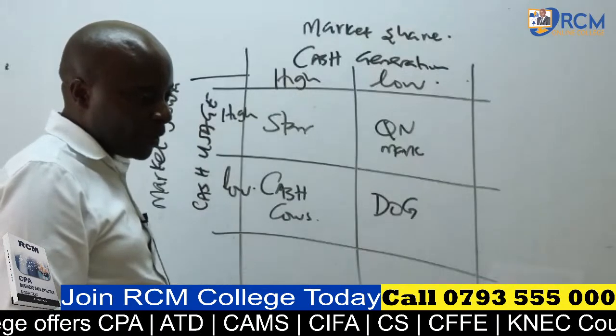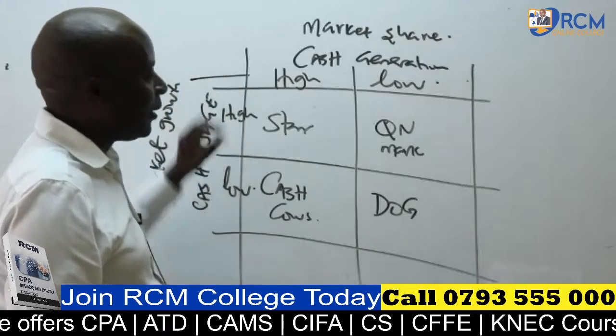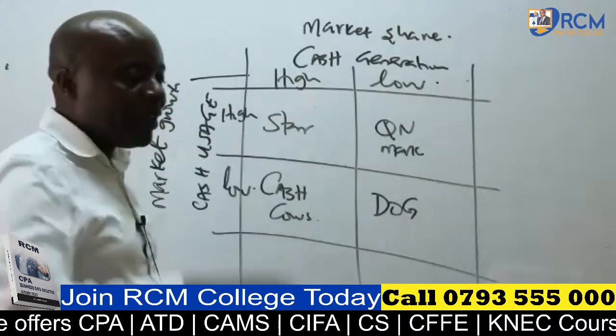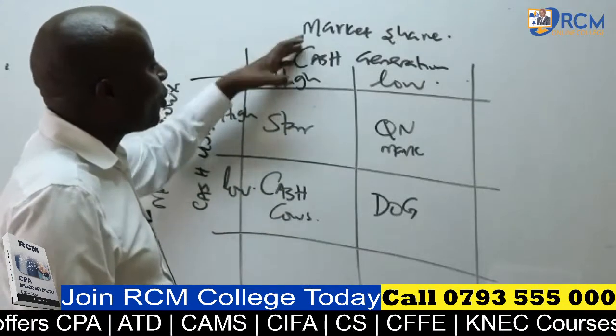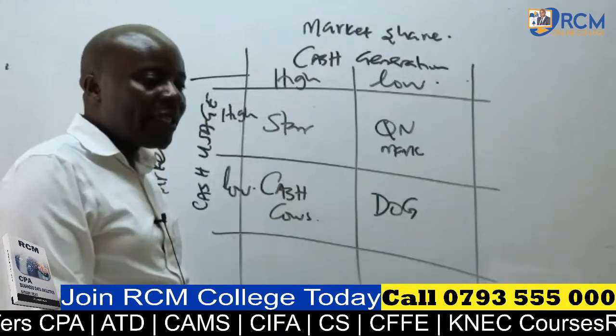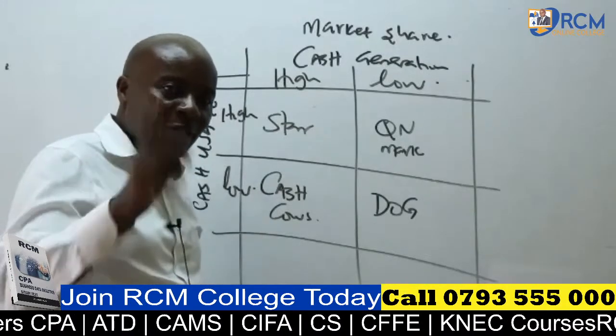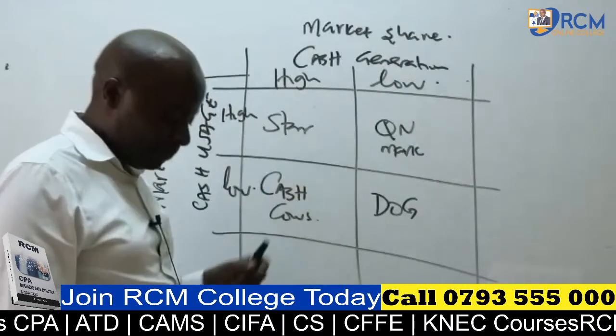Now listen, my good students. If, for example, I've advertised highly, and for sure the cash generated is so high because the market share is growing, then I'll say that the product I'm having is called a star. That is a star product.